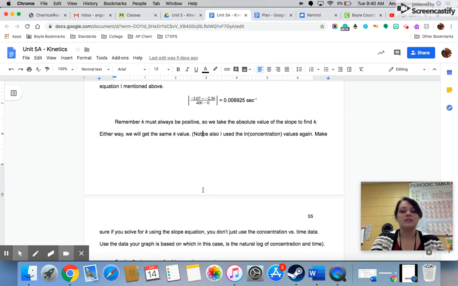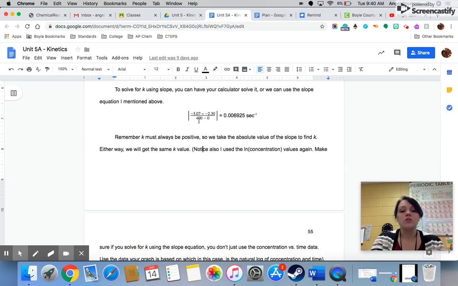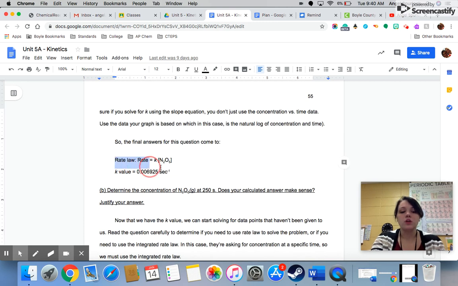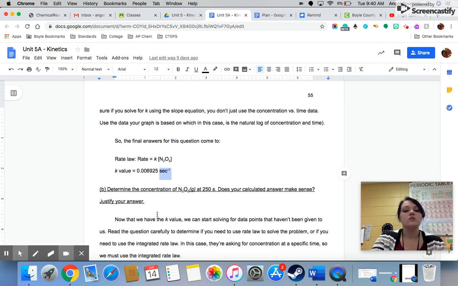So we've got to have positive K, so if you solve it this way, please make sure that you include absolute value signs. Okay, so the final answers: we've solved for our rate law and for our K value. Notice the unit on this, because it's first order, our unit is time to the -1, or 1 over time, right? So that is A.